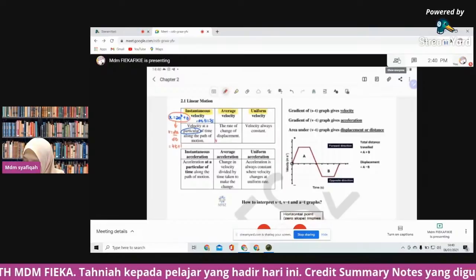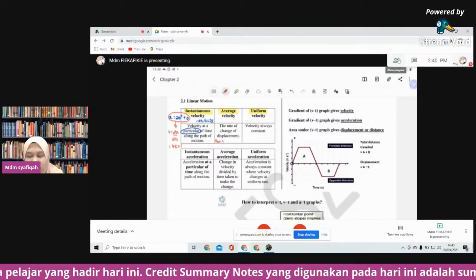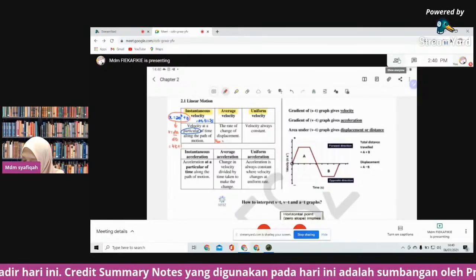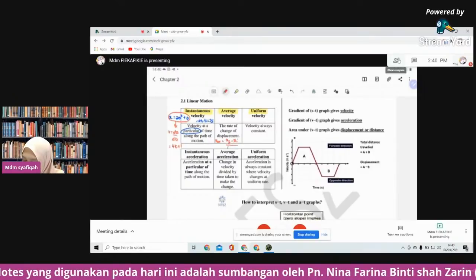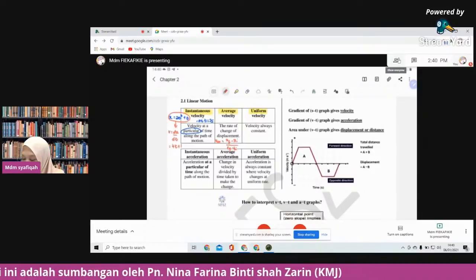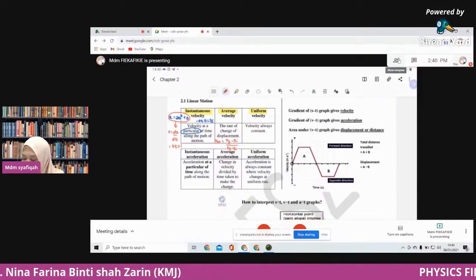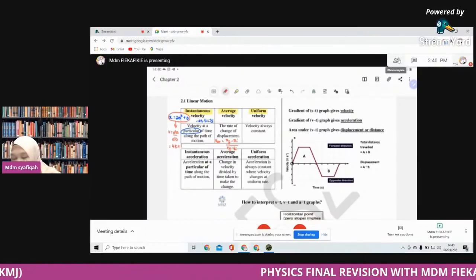So v average, remember the equation: the change of displacement, x final minus x initial, over t final minus t initial. And velocity is always constant when we have uniform velocity. Velocity is the same all the time.